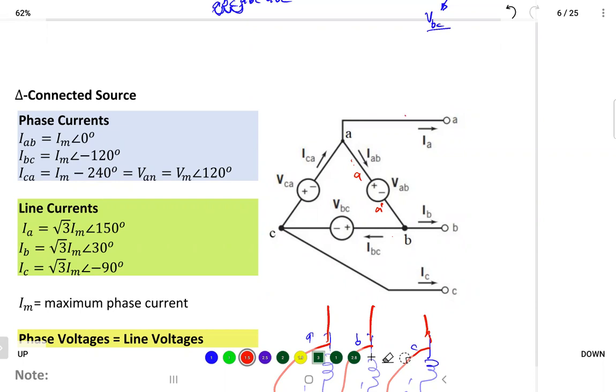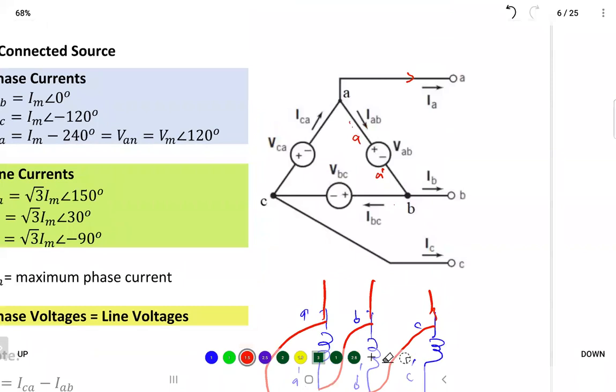But the line current is different now. It's not the same as the phase current. Let's look at the current. That's the current IA, the line current, and the line A, because you have three lines: line A, line B, line C. What's IA?